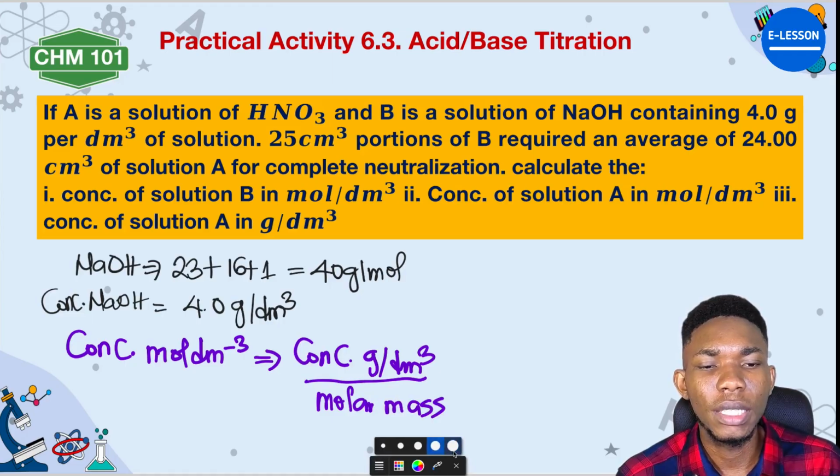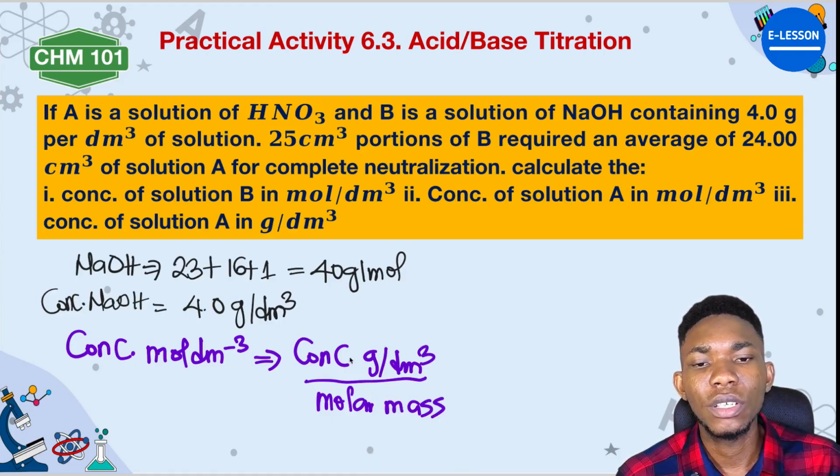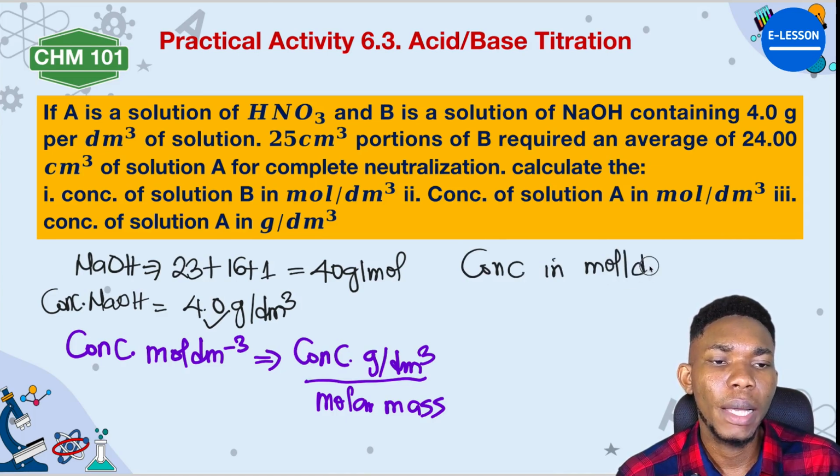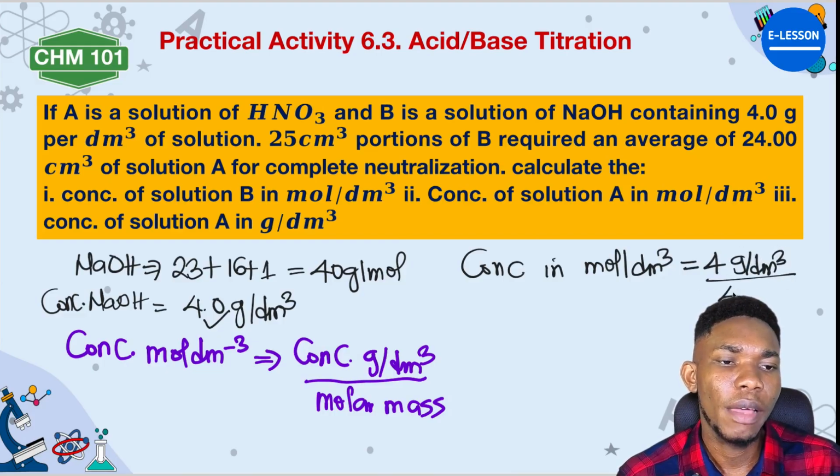Divided by what, my dear student? The molar mass. So in this case, what is our concentration in gram per dm cube? It is 4. So our concentration in mole per dm cube will be equals to 4 gram per dm cube divided by 40 gram per mole.